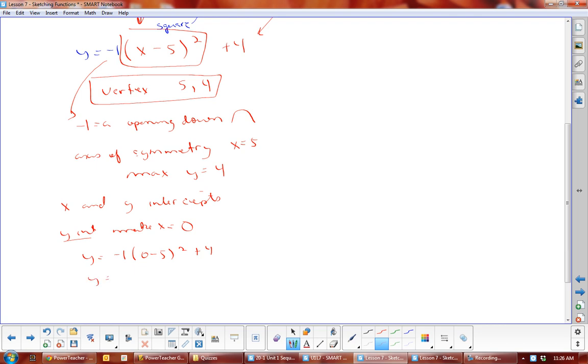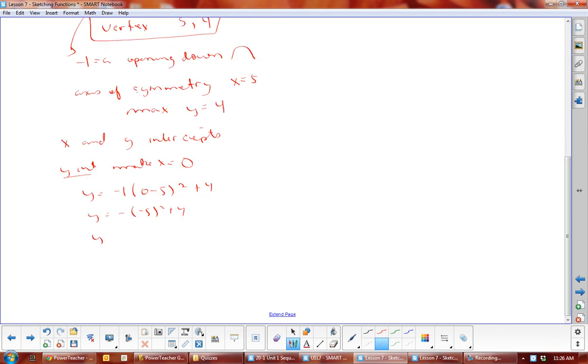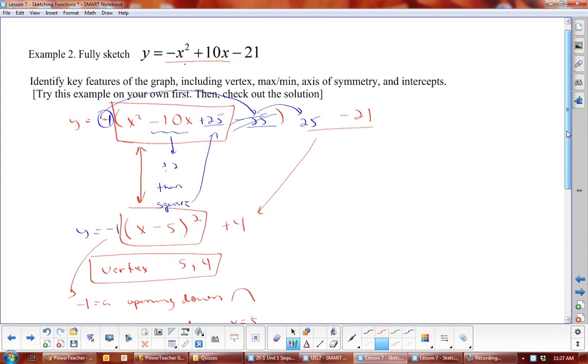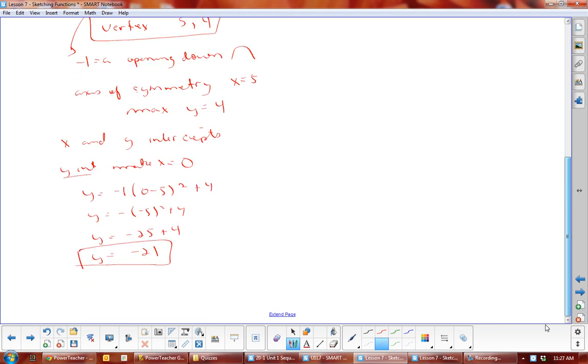So y would equal -5 squared plus 4. Yeah, in fact, the original formula is much faster. Sometimes I just like doing things the hard way. So y equals -21. Okay? But if you put it right into here, it's really nice because it gets rid of that, and you have -21. Okay? So we got another piece.